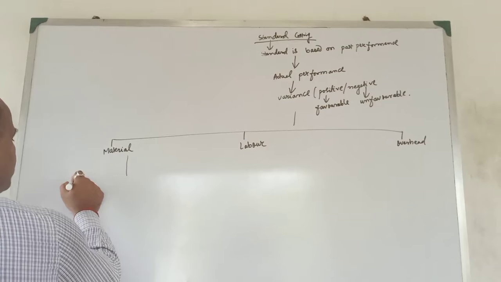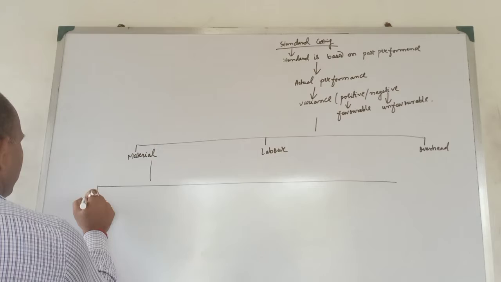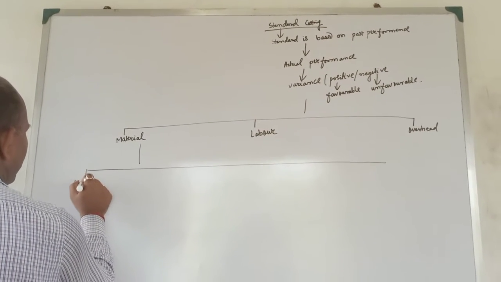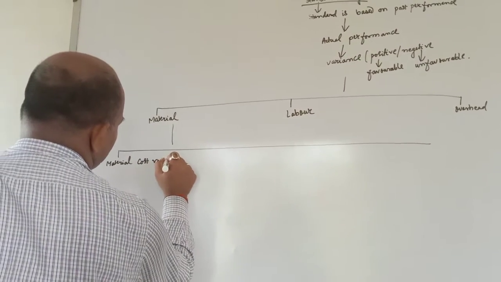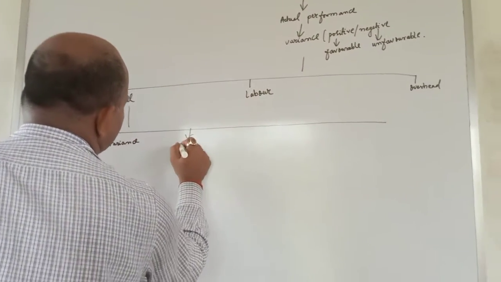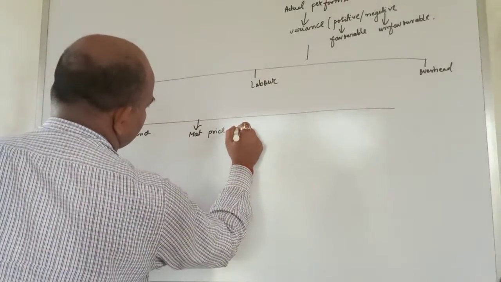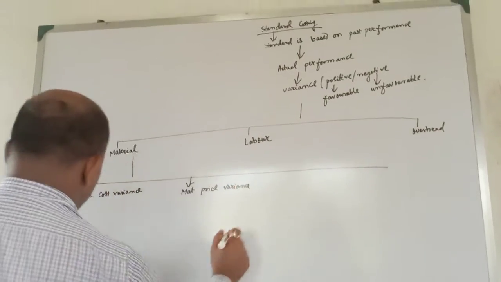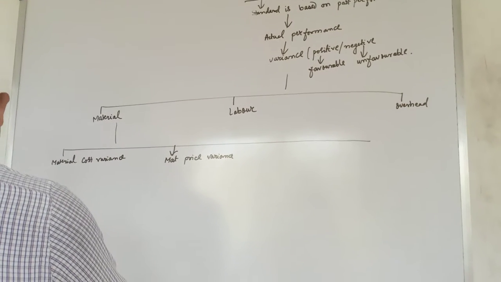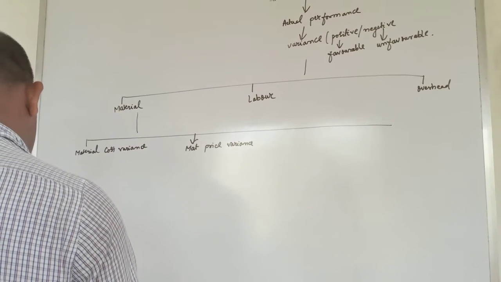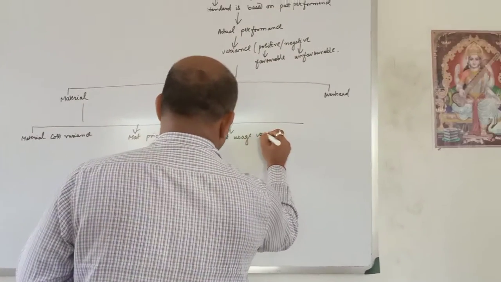Materials have different types of variances: material cost variance, material price variance, and material usage variance.